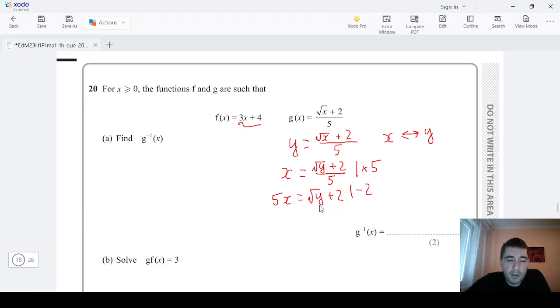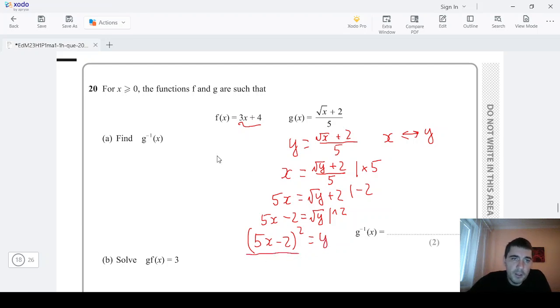We need to make y the subject, so we get 5x minus 2 equals square root of y. And last bit, we need to square both sides. So squaring the left hand side, we get 5x minus 2, everything squared, equals y. So now we've got our inverse function.